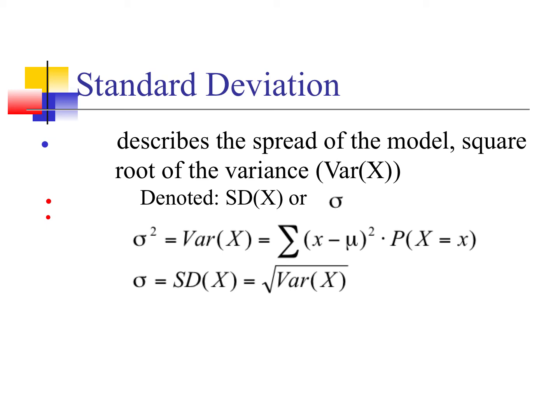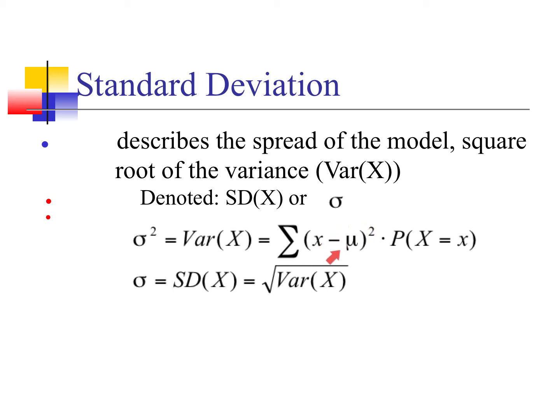The standard deviation describes the spread of the model, just like our normal models. It's the square root of the variance. We use SD of X, or sigma. Sigma squared is variance. The variance is the sum of the X values, so for Greedy Pig, it would be the points we earn minus the average points we expect, and we square that.